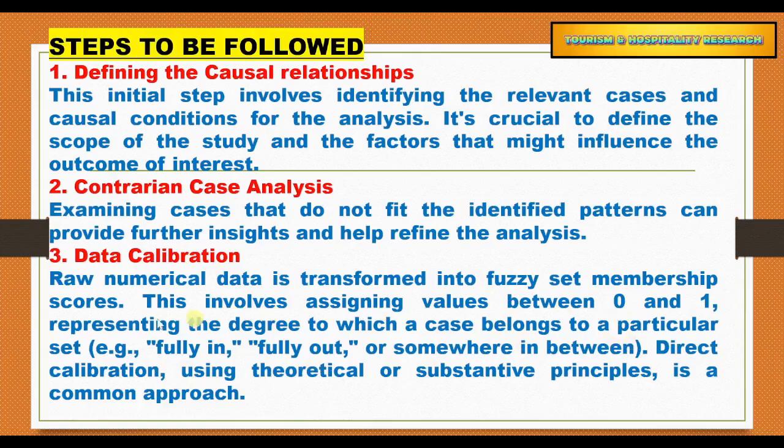So if you are measuring the responses on a Likert 7-point scale, fully in will mean 7, fully out will mean 1, and somewhere in between will mean 4. That is how we can calibrate the scale in case we have taken the responses on a Likert 7-point scale. Direct calibration, which is done using theoretical or substantive principles, is a common approach.